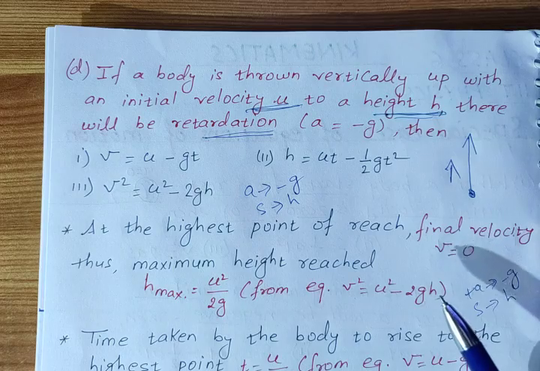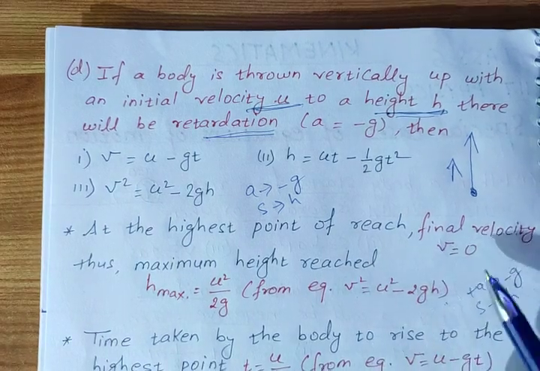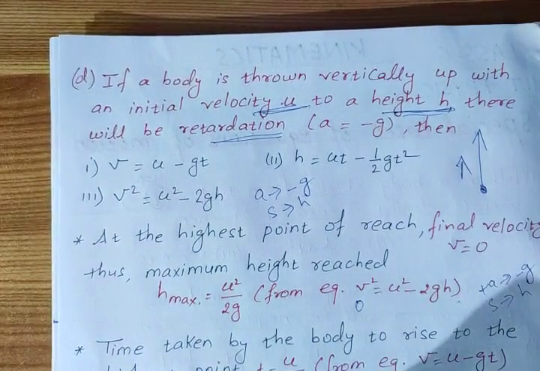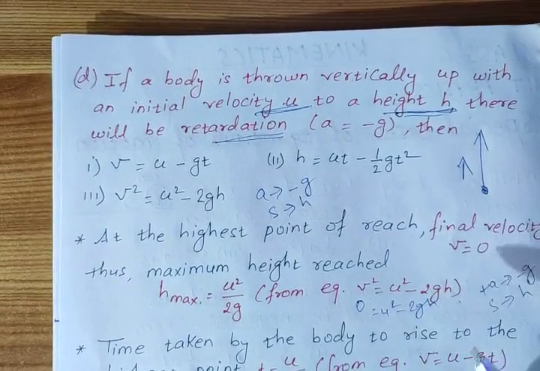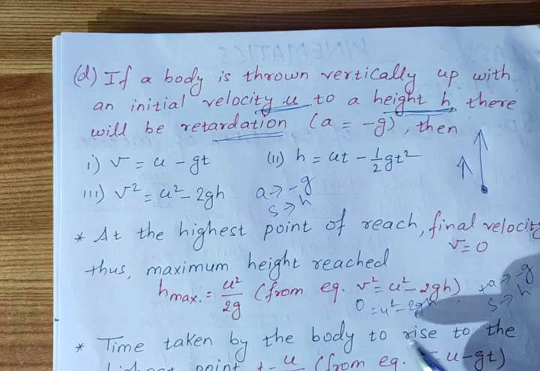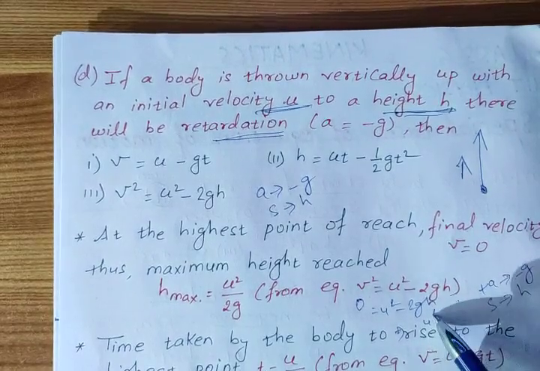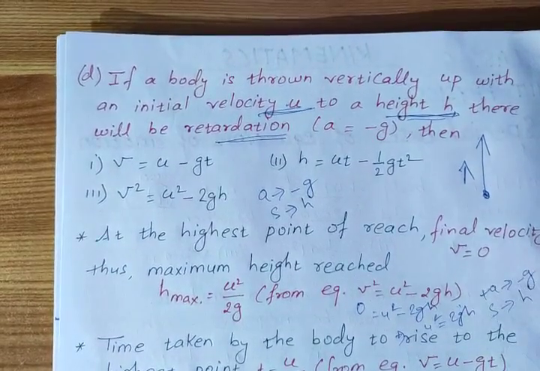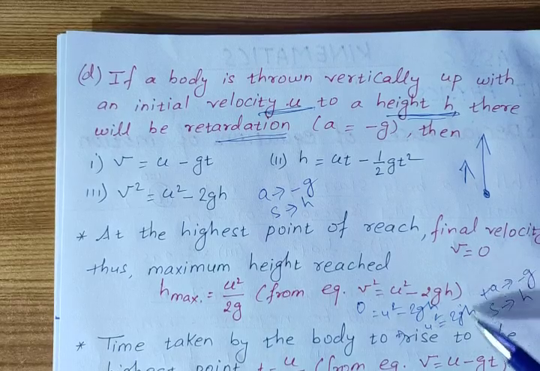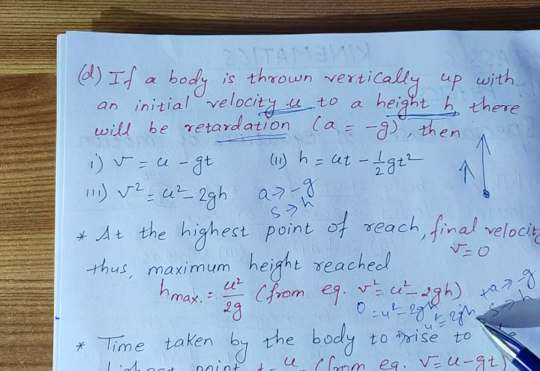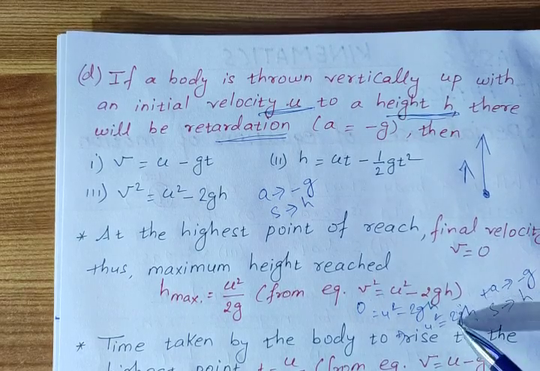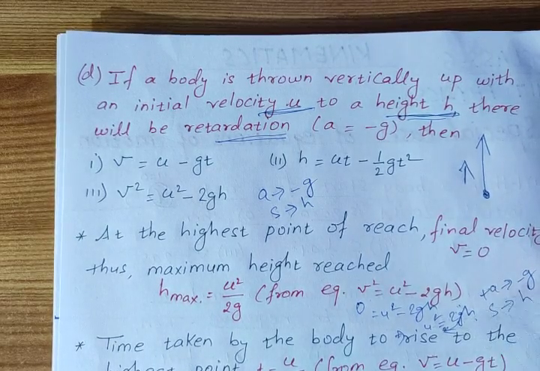So here your final velocity is 0, so 0 is equal to u square minus 2gh. Then u square equals 2gh. Here h is what? Maximum height. So h maximum is equal to u square by 2g.